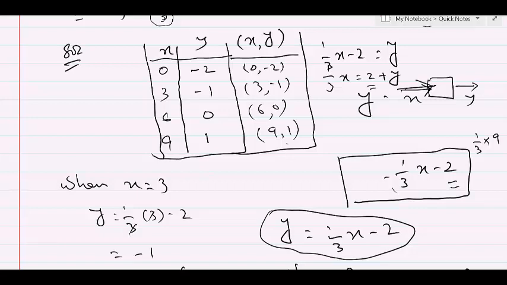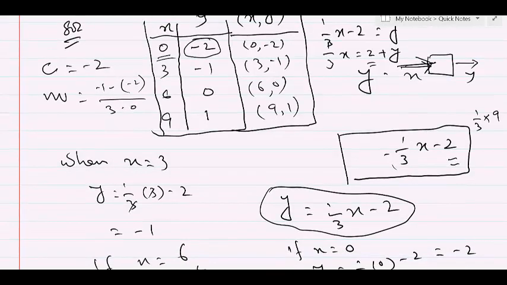If we want to find out the c and m values, we know that c is the value of y when x is equal to 0. So here x is equal to 0. So what is the c value? That is equal to minus 2. And what is the m value? The m value is equal to the second number, minus 1, minus whatever is the first one, minus 2, divided by 3 minus 0.